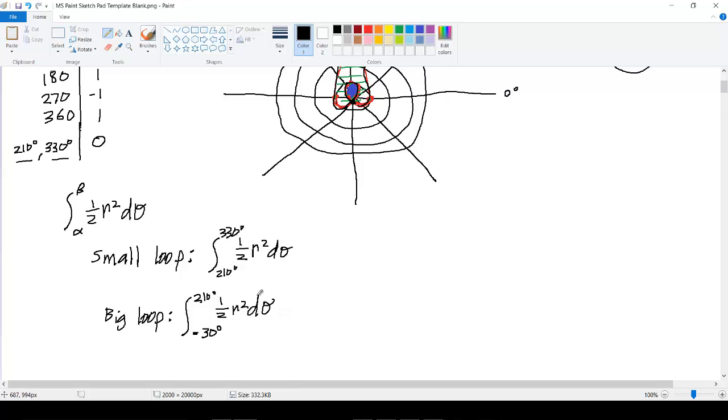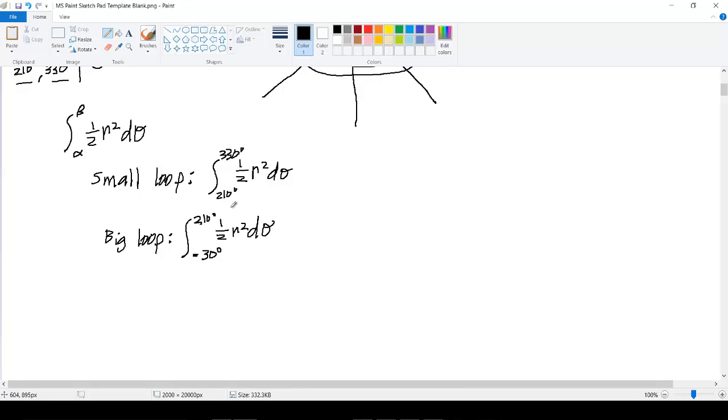Alright, now, because both of my integrals are going to look exactly the same until I plug in those limits, I'm just going to work out one of them without plugging in the limits, so that I can use the answer for both and then plug in the limits and be done with it. So let's start with the big loop first, okay?